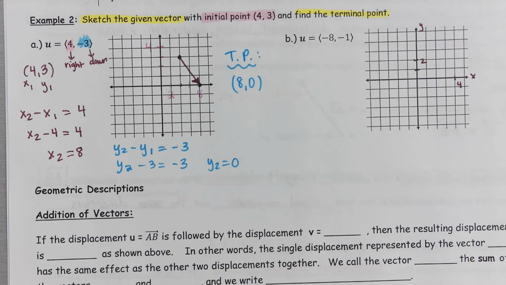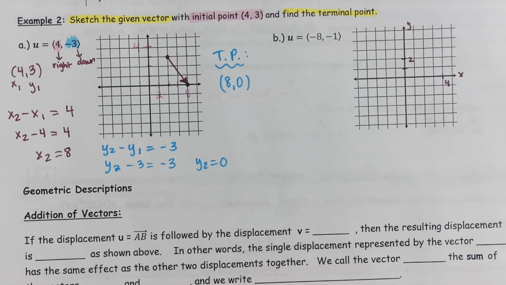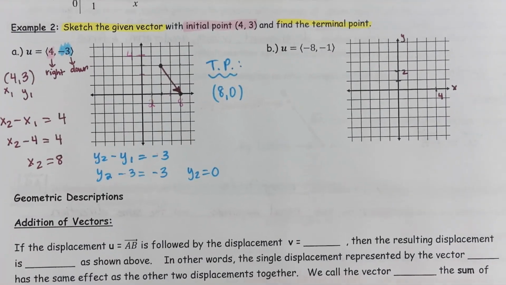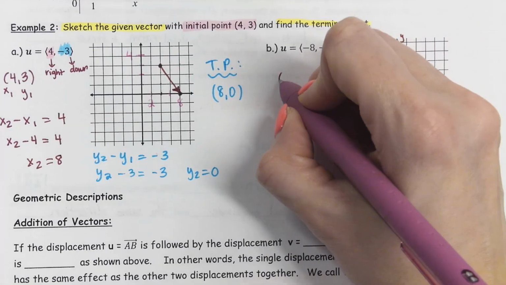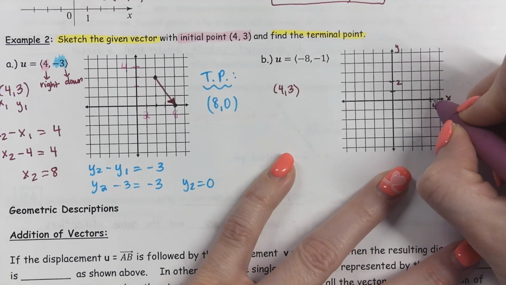And then you do have to label what your terminal point is. And remember the terminal point is the same as last time. So you have your 4, 3. So if you want to graph that, you can.